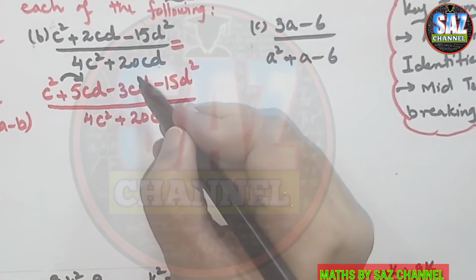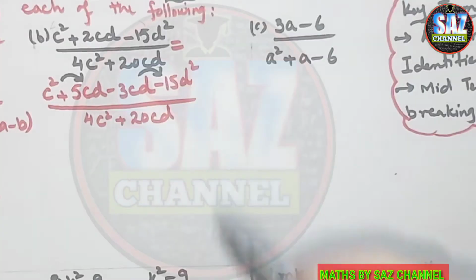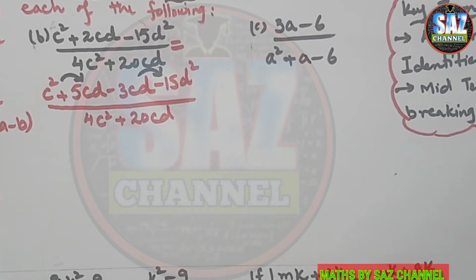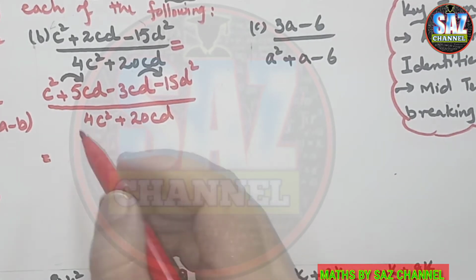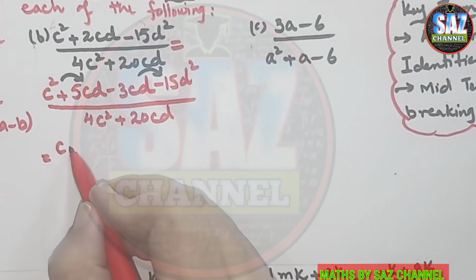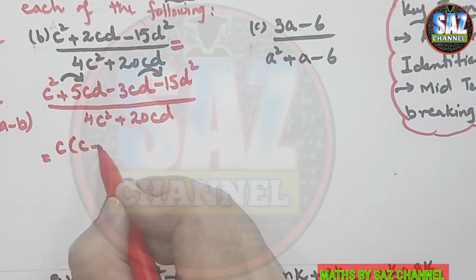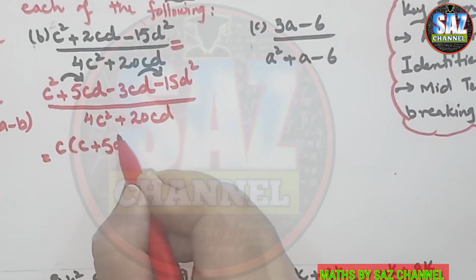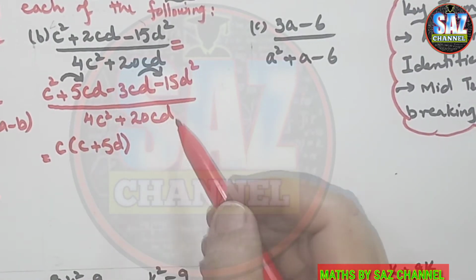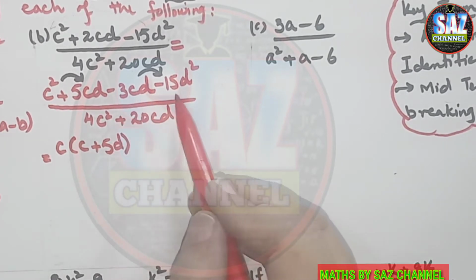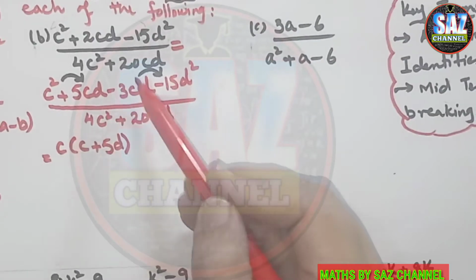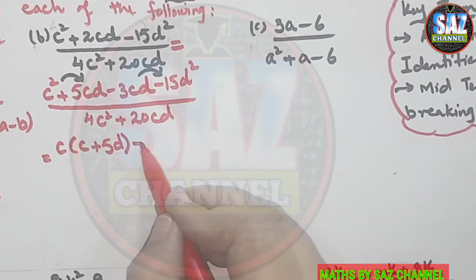Now in the numerator, I have to make groups of like terms, and I have to extract some number or letter as a common factor from each group. From the first group, I can extract c out, and inside the bracket I will be left with c + 5d. Coming to the second group, −3cd − 15d², both parts have a minus sign.